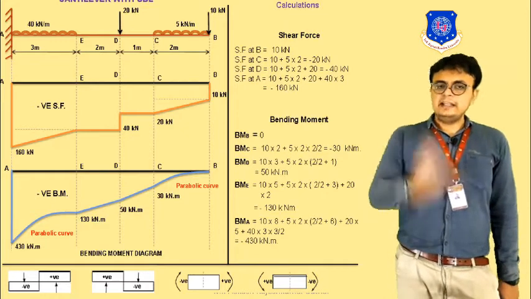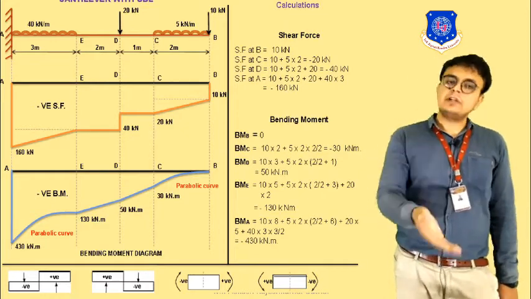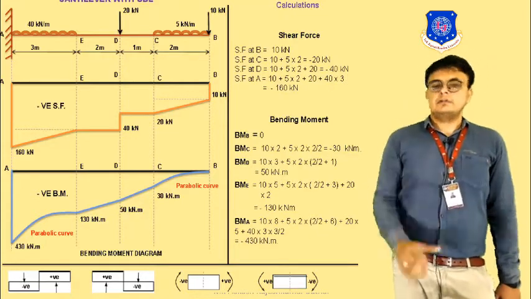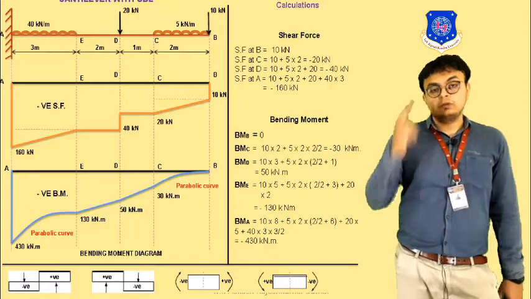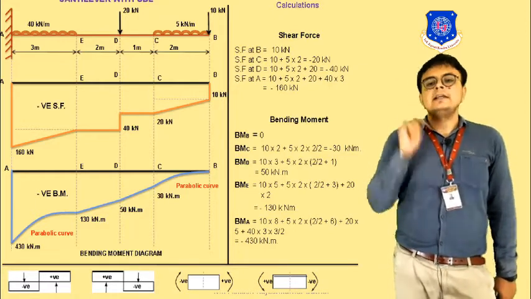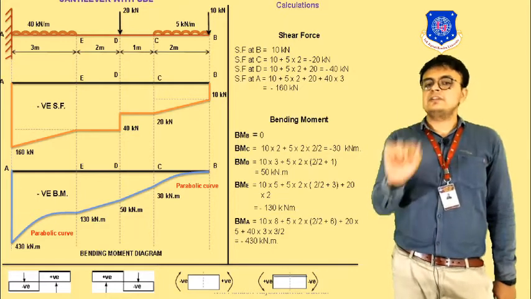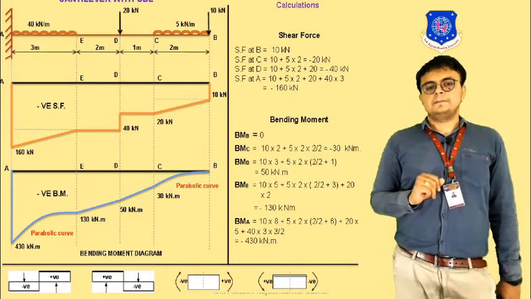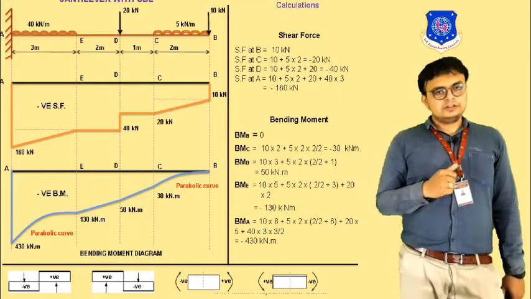So at D, we take that minus 20 kilonewton and further add the 20 kilonewton of the point load. So finally, minus 20, minus 20, finally minus 40 kilonewton. So that was the shear force at D.